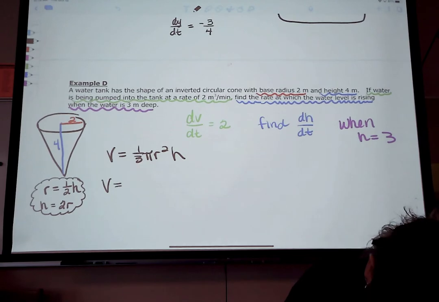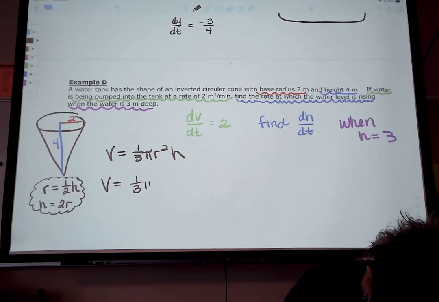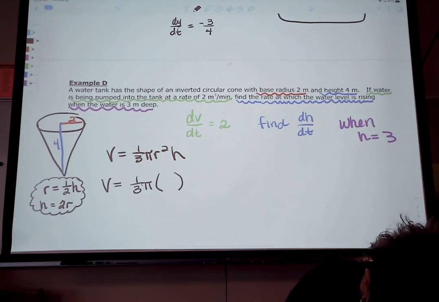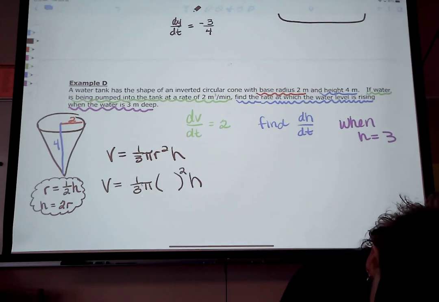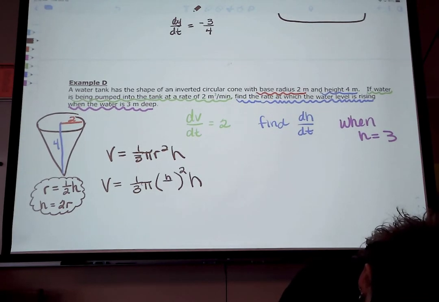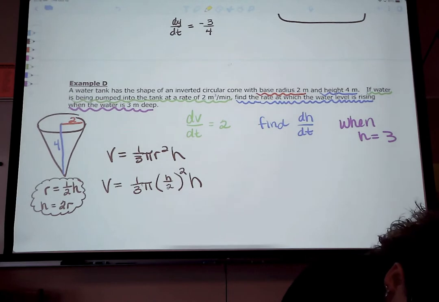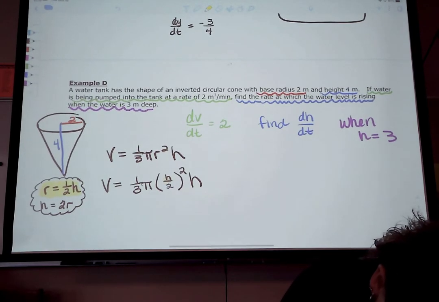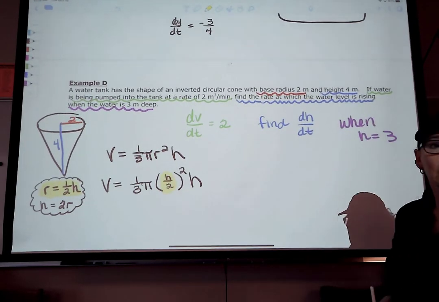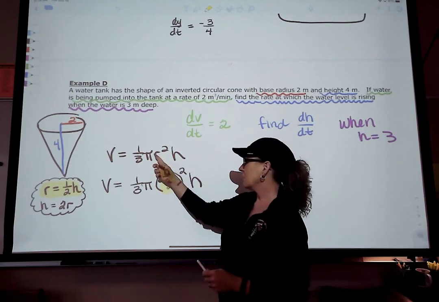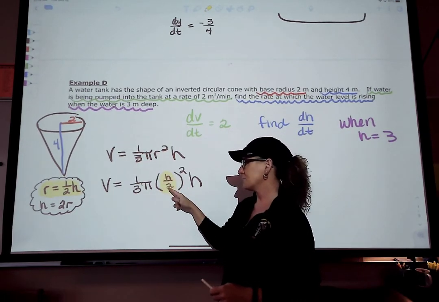Haven't done a derivative yet. Not doing a derivative yet. V equals pi R squared H. And now, just because I know I'm getting ready to square it, I wrote it as H over 2.